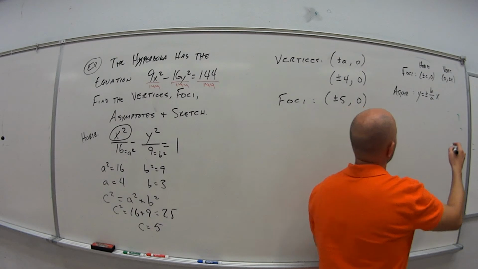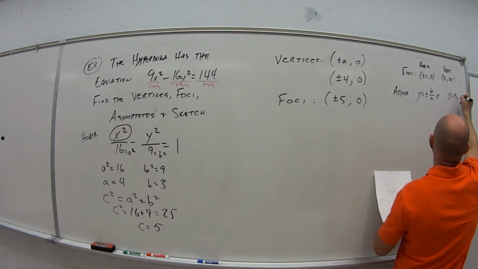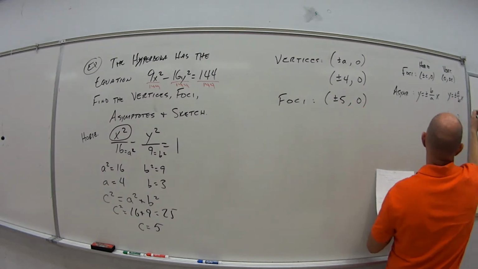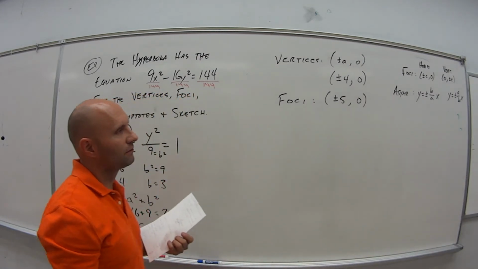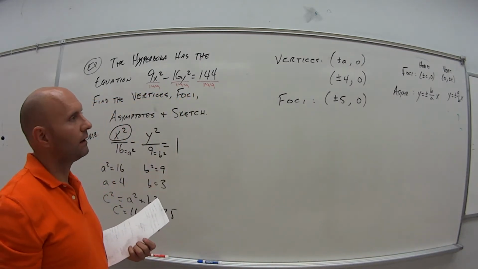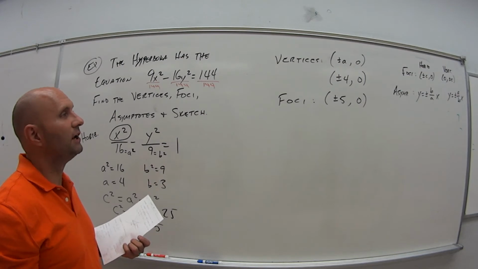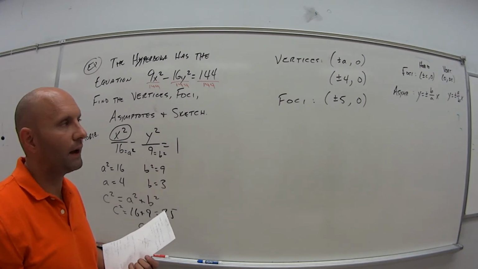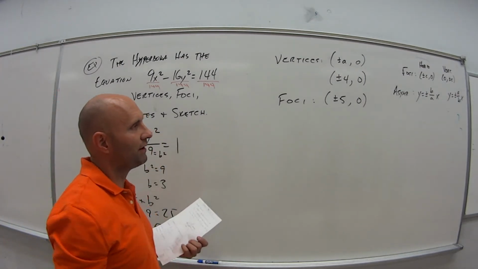For the vertical, it's y is equal to plus or minus a over b times x. So again, if you can make that change, I'll make sure when I give the notes to you guys that I point that out and make sure you have it added to your notes.